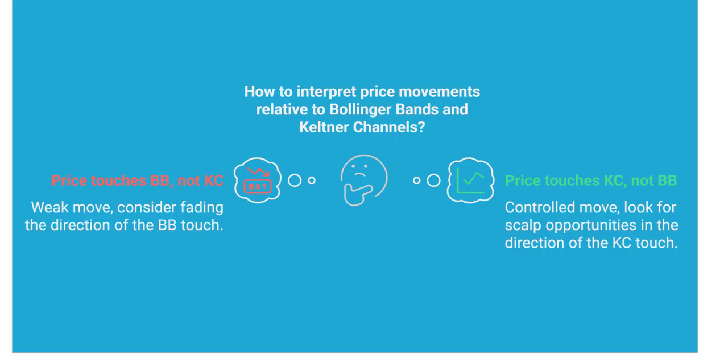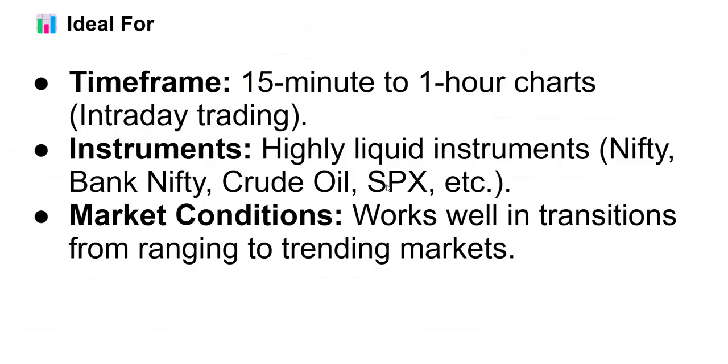Price touches Keltner channel, not Bollinger Band: controlled move. Look for scalp opportunities. One, you will get a fading opportunity; another, you will get a scalping opportunity. This strategy is ideal for 15 minutes to 1 hour chart.